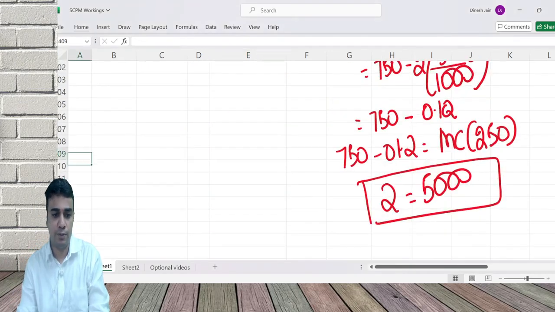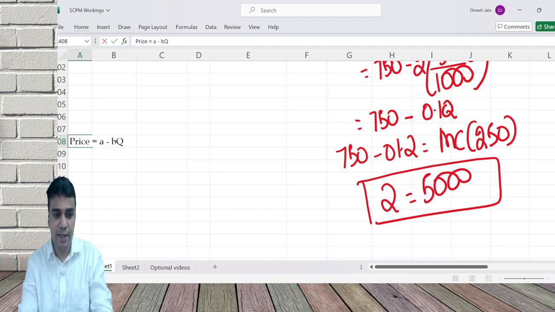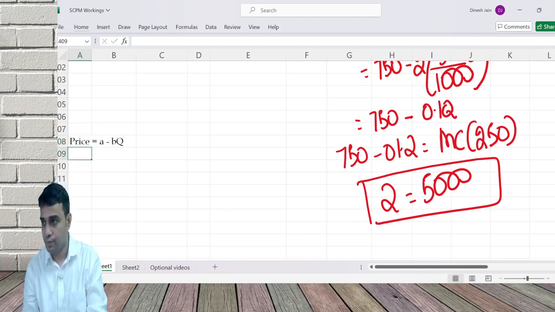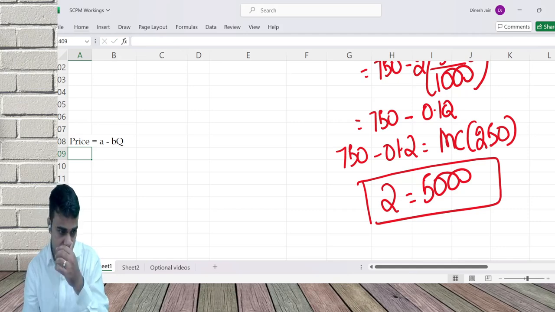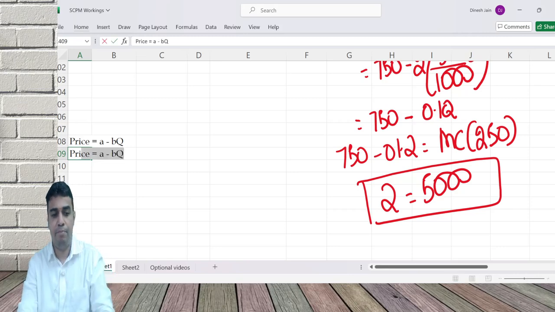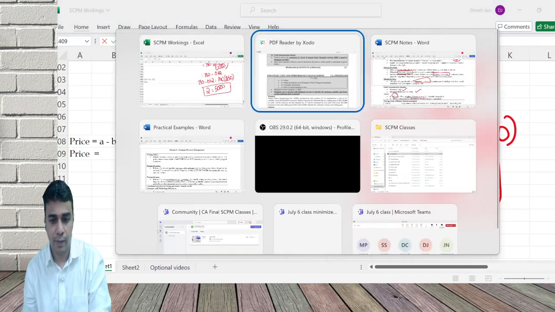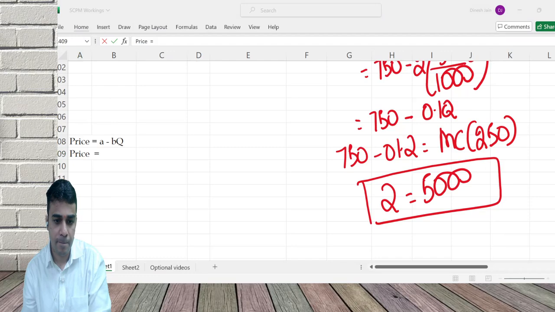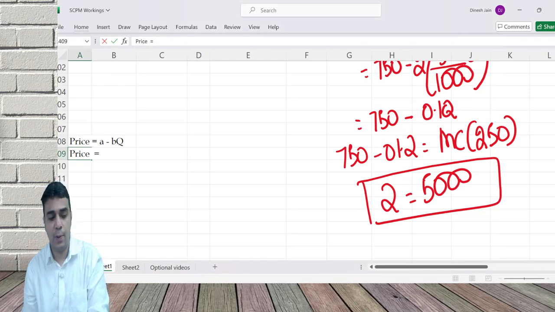Price equal to A minus BQ. What is A in the question?